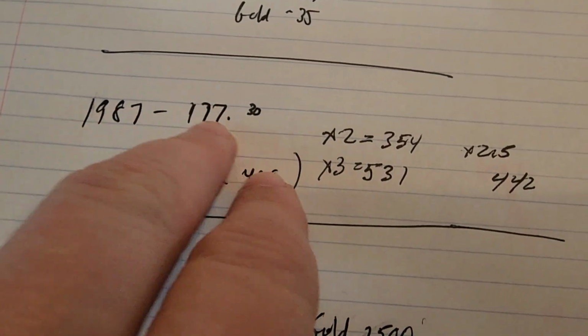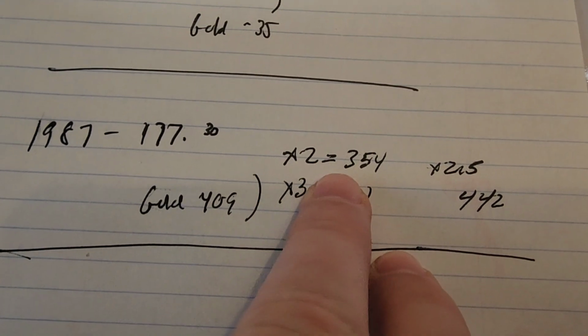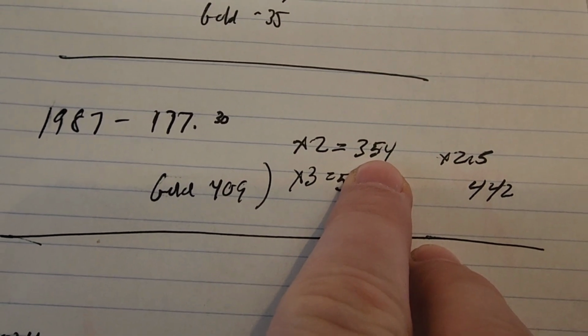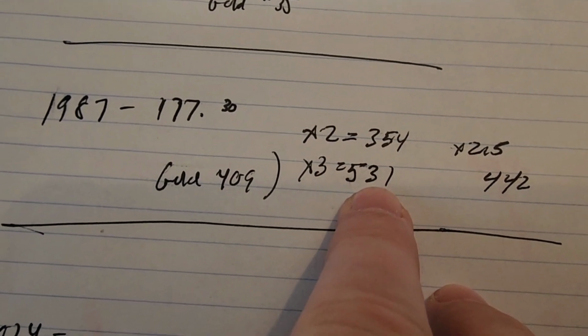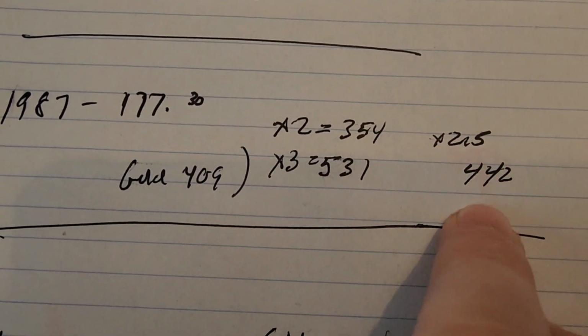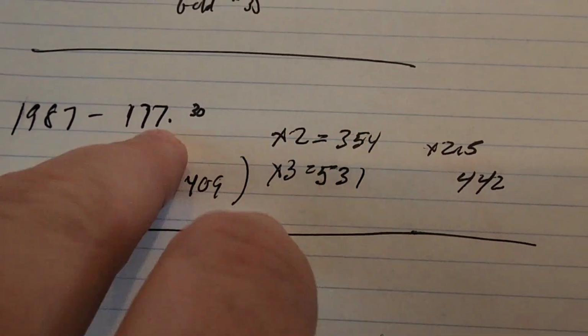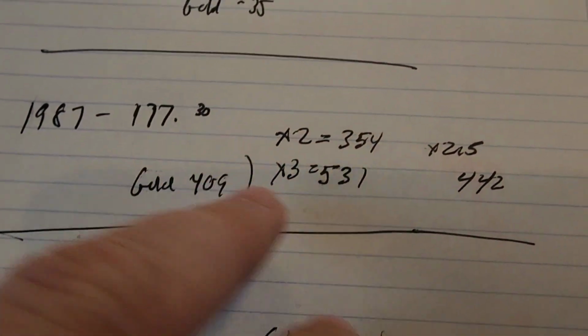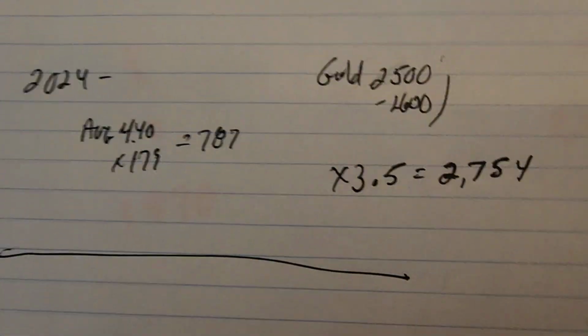So that means it would have taken you, if you look at this, 2 acres of corn, $354. 3 acres of corn, $531. 2.5 acres is $442. So you can see somewhere around, it took about 2.25 acres of gross corn to buy an ounce of gold.